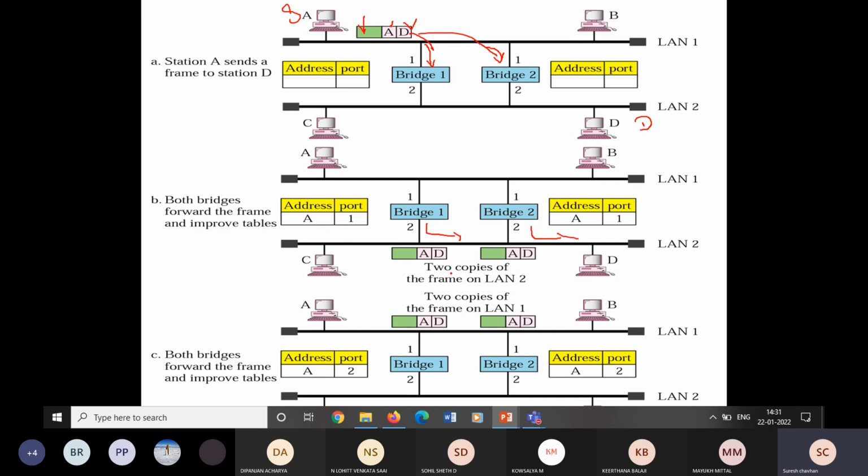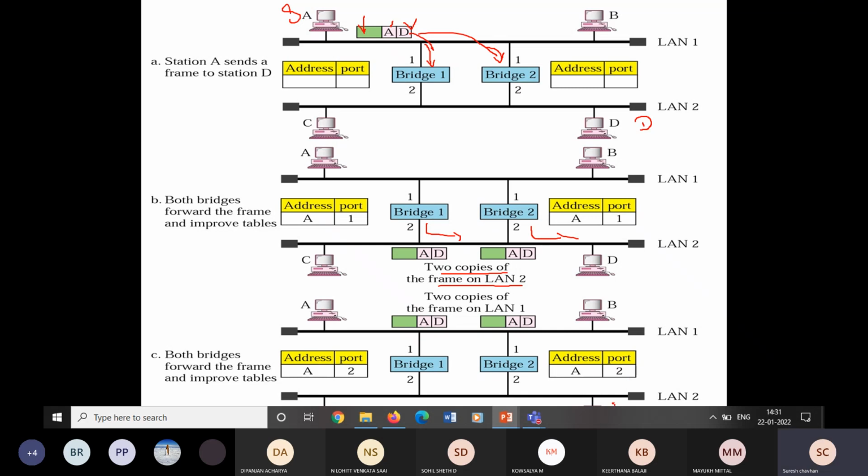So we are getting two copies of the frame on LAN 2, the same information, right? So the same information will be coming to D twice, correct? And here again D will be sending the information back to A, right?